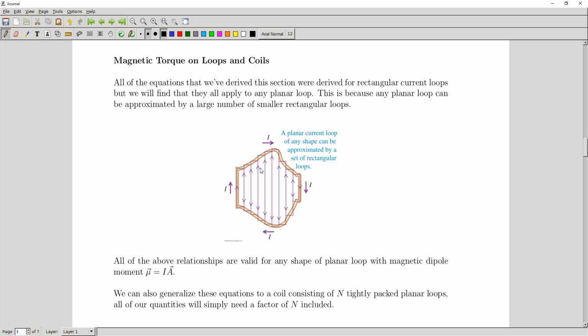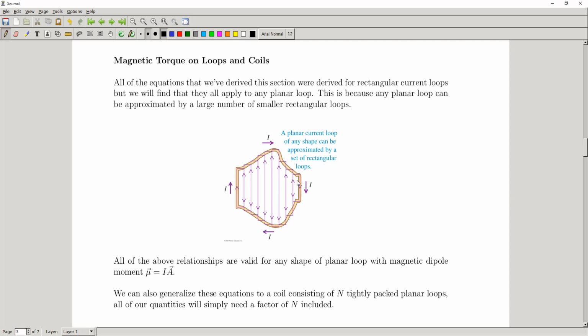That's what this image is showing us here. We have a bunch of rectangles, which is already a pretty good approximation for the yellowish shape there. If we wanted to do better, we could slice it up more and add more rectangles until we were arbitrarily close.